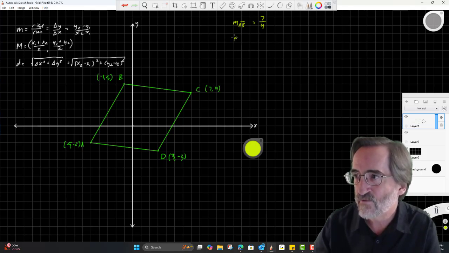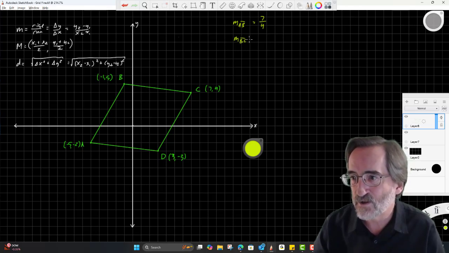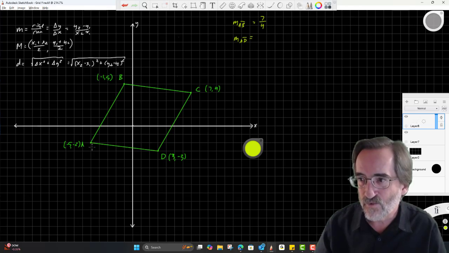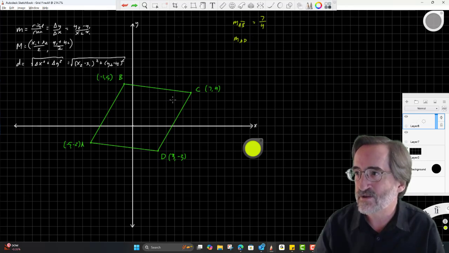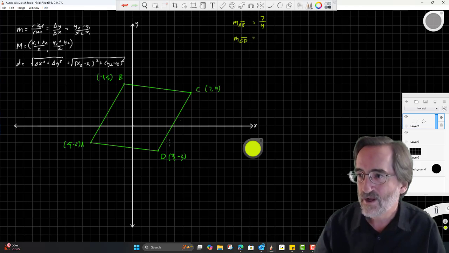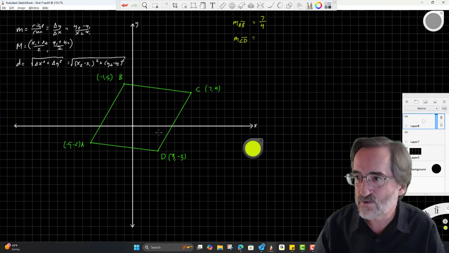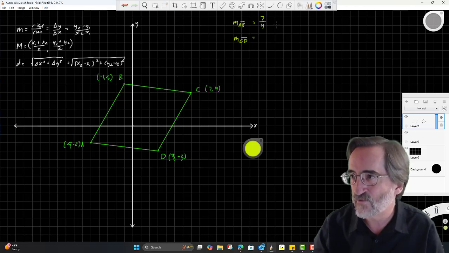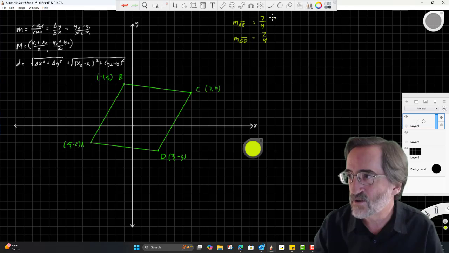The slope of CD, actually not AB, I want CD. Slope of CD is rise 7 over 4. So I can conclude from this that AB is parallel to CD.